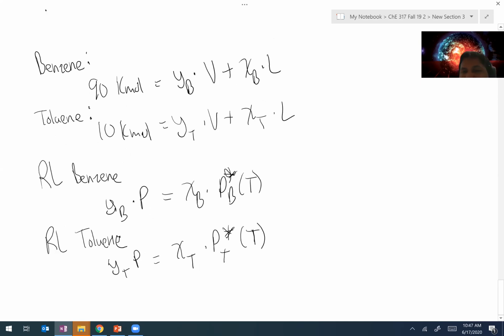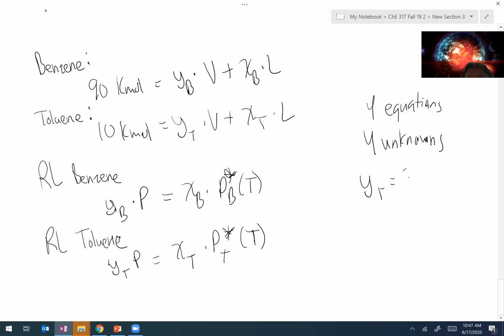So setting up those expressions, from this, you should have 4 equations, 4 unknowns. Primarily because Y of toluene is equal to 1 minus Y of benzene, and X of toluene is equal to 1 minus X benzene. So it looks like there's 4 unknowns there, but it's really just 2.